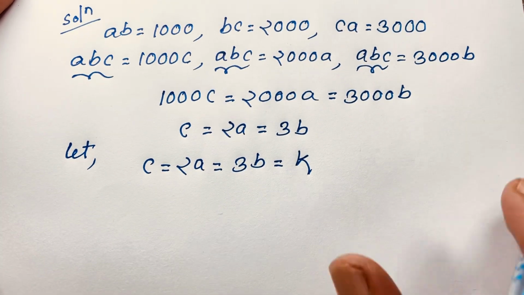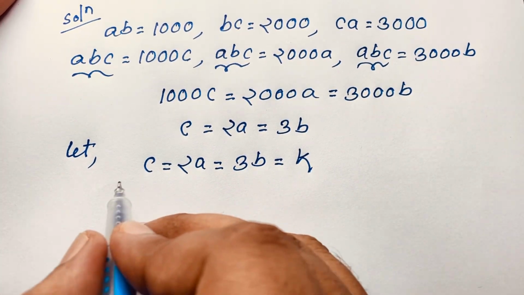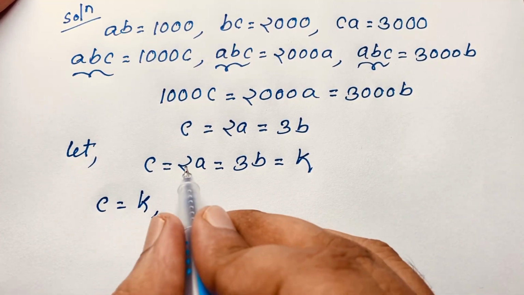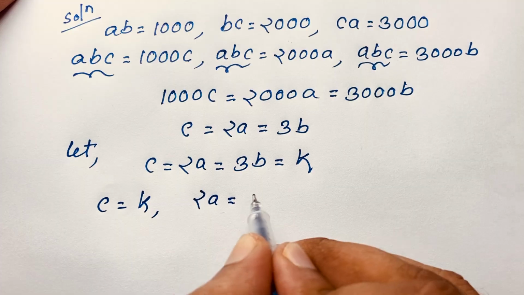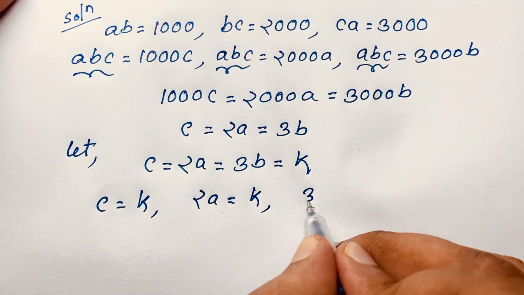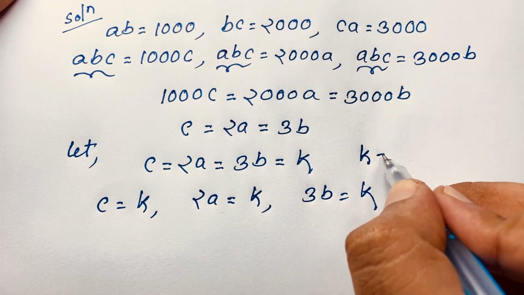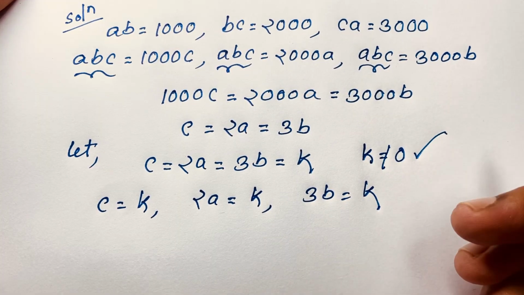Now at this moment here C is equal to K, and 2A is equal to K, and 3B is equal to K. Here K is not equal to 0.